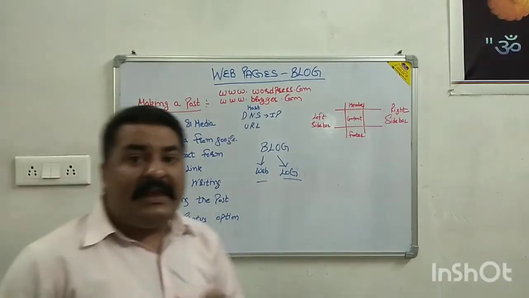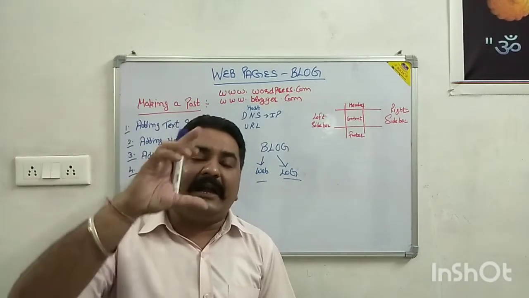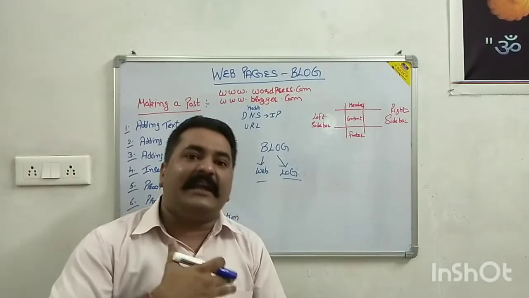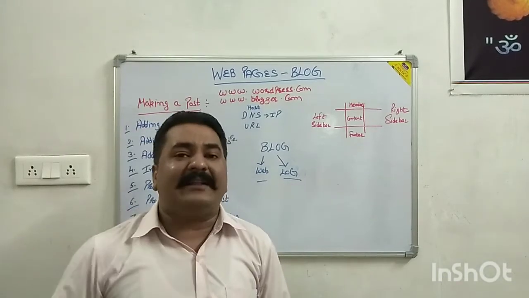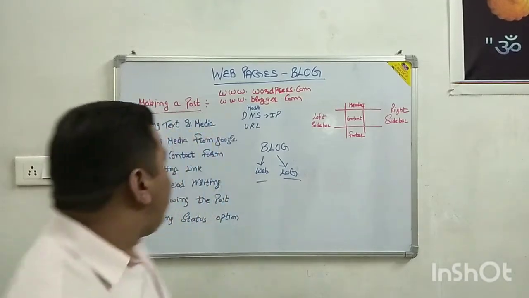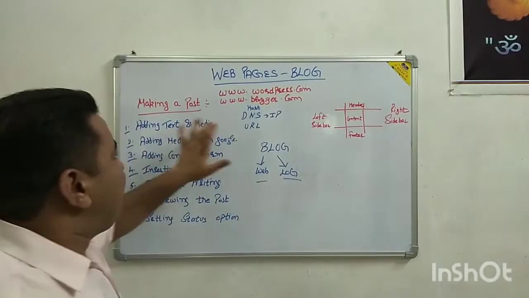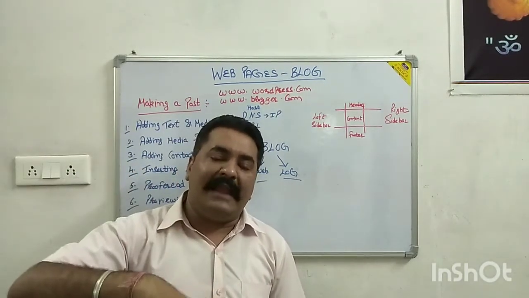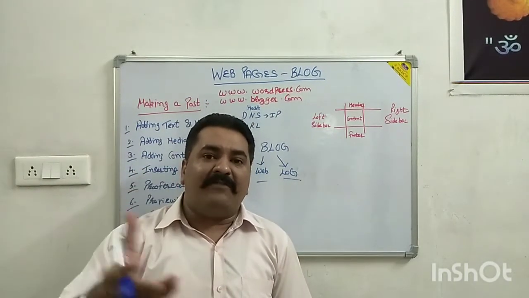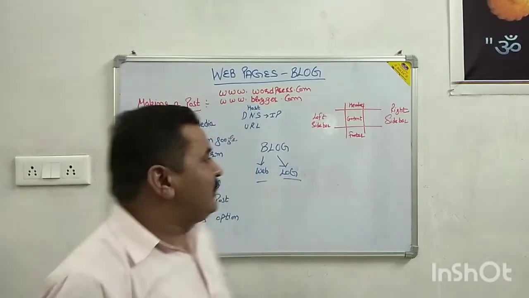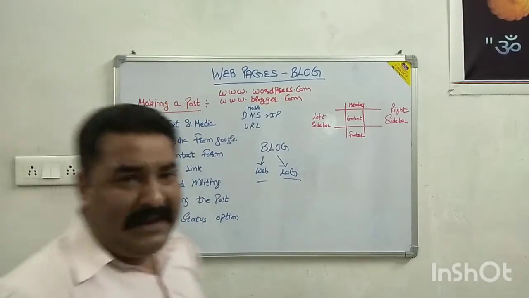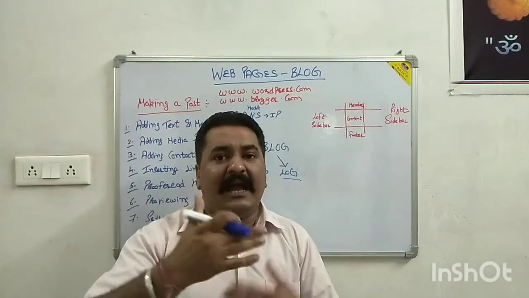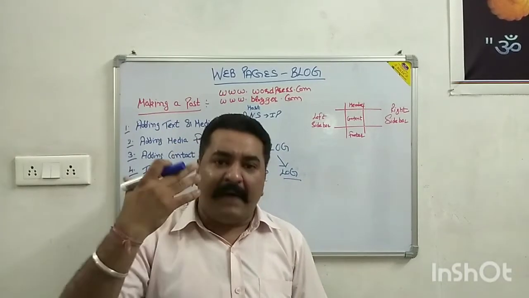So we have to write a title or a text for what we are creating the post. Then we can add media. We can choose the media from our laptop gallery or our mobile phone gallery, or we can select it from a Google web page. We can update the particular media, video or photos from the internet.